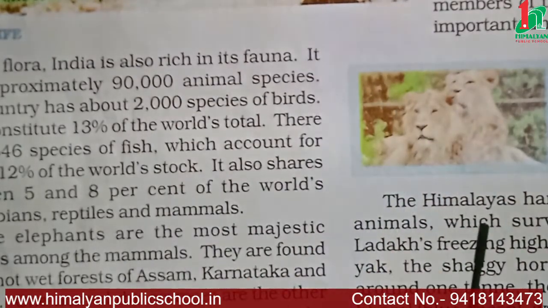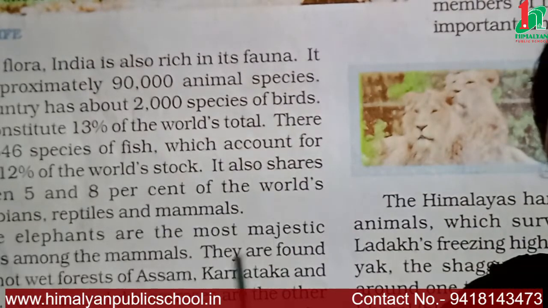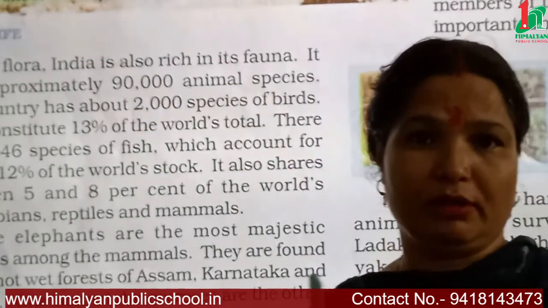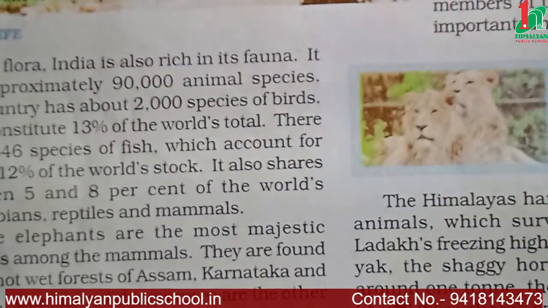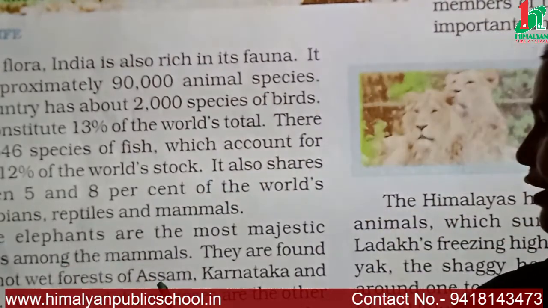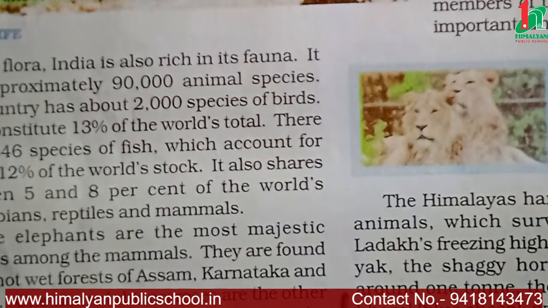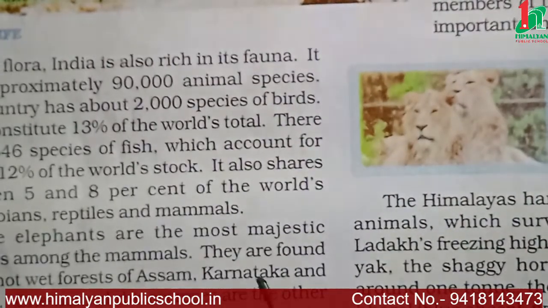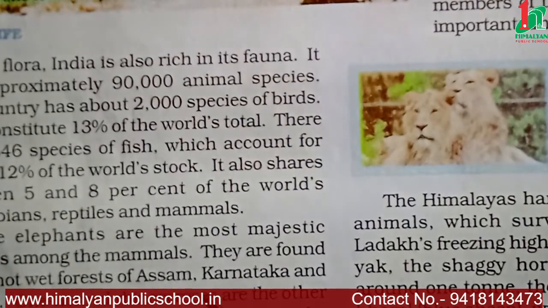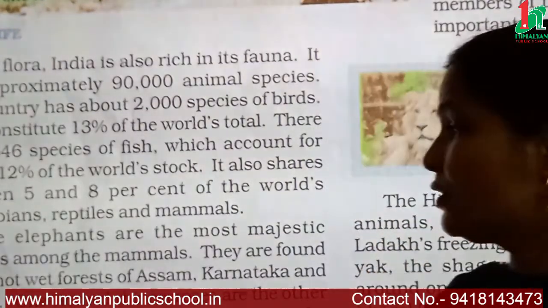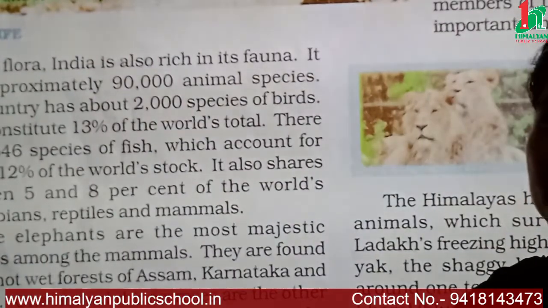Hot wet forest means जहाँ पर गर्मी भी है और wet humid मतलब वो गर्म भी है और wet भी है मतलब गीला है, and that's why we find elephants in Assam, Karnataka and Kerala, because the climate of these three states is hot wet.